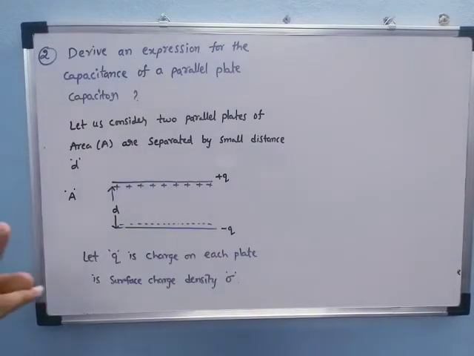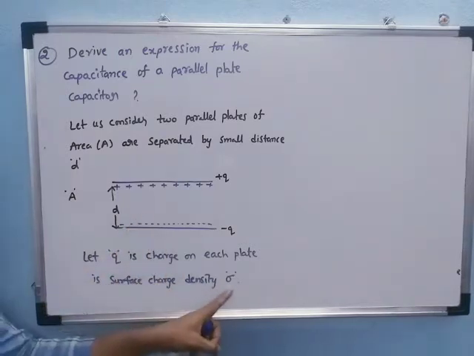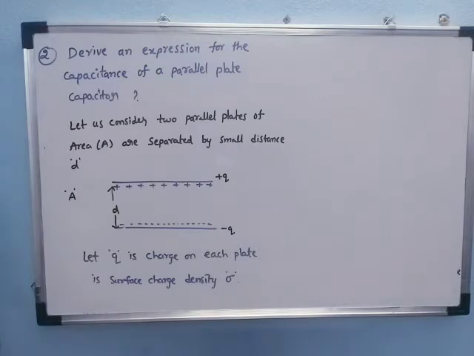We all know the three charge densities: linear charge density, surface charge density and volume charge density. When measured per length, it is linear charge density; per area, surface charge density; and per volume, volume charge density.